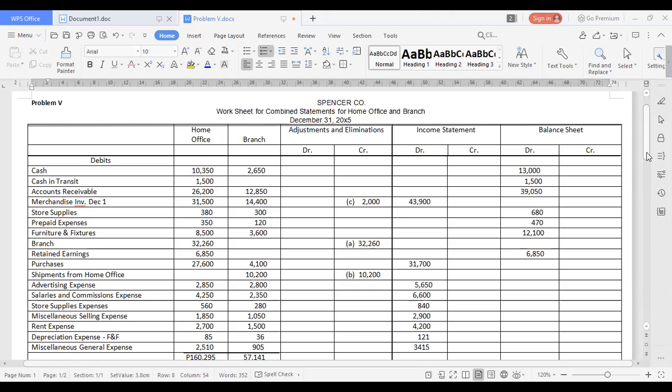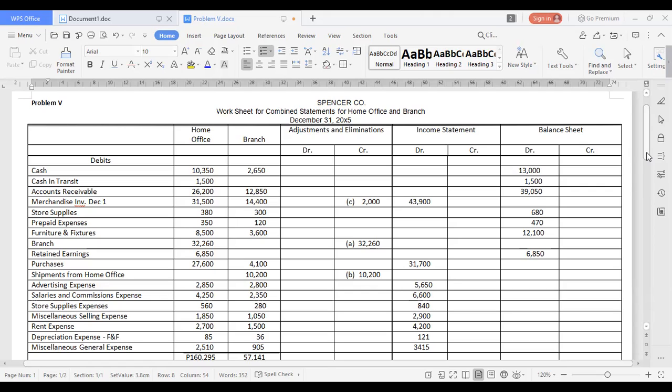Okay? Then we have your miscellaneous general expense. We already have 2,510 in the home office books. How did we get 2,510?